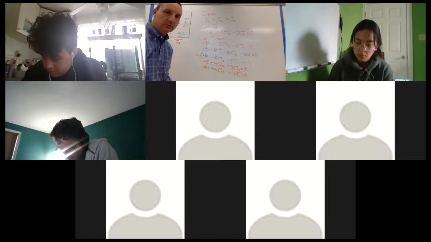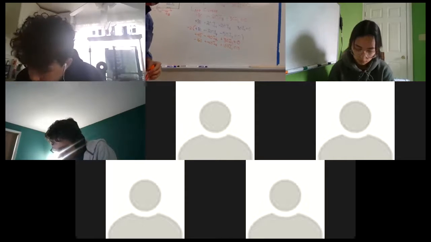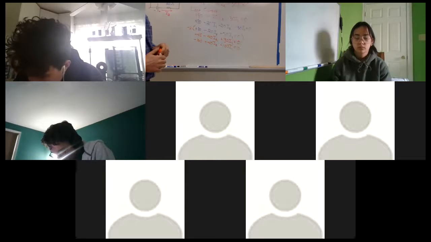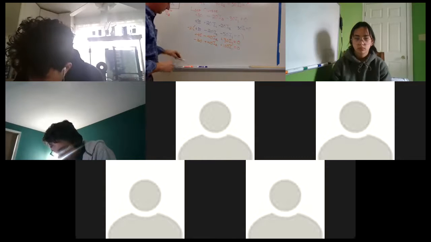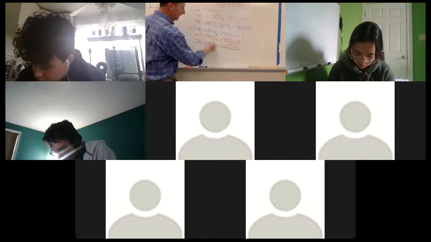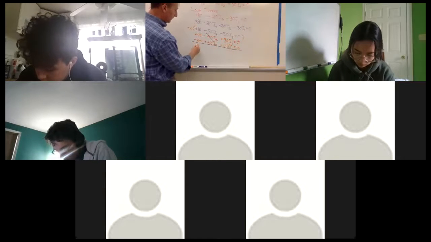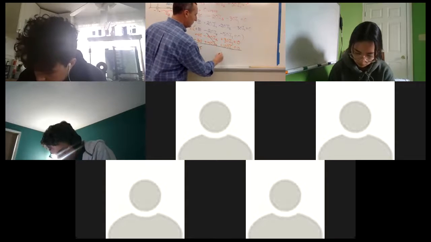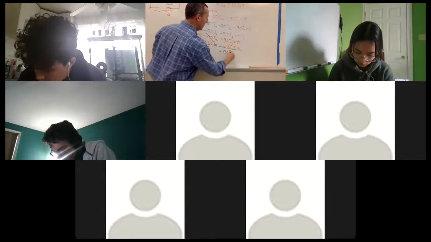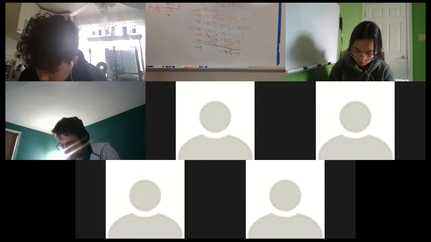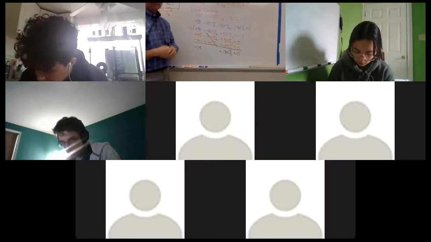Am I running out of space on the board? I can eliminate the 40 I2s. They can go away, and I get negative 115 plus 130 I1 equals 0. Nice.